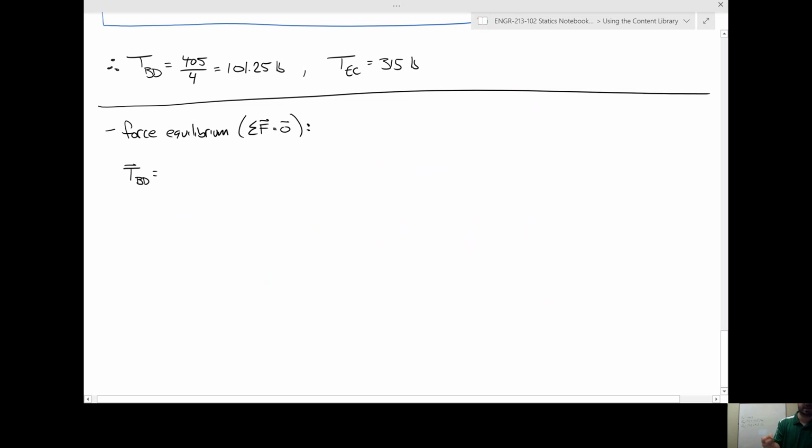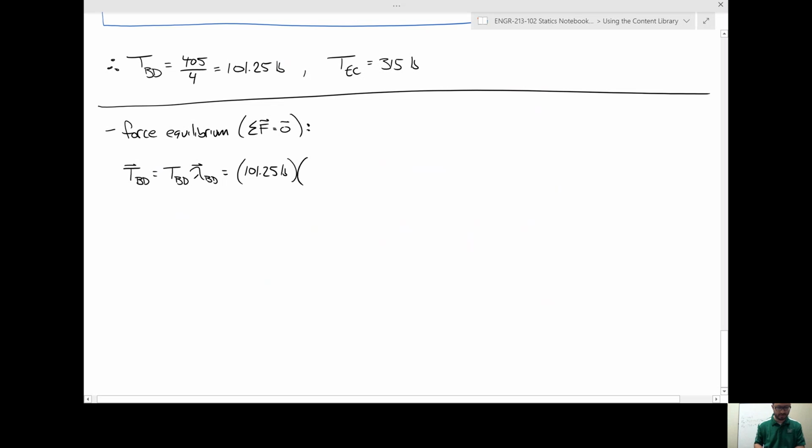Now let's take cable BD first. Remember, we write that as the magnitude of that cable times the unit vector in the direction. Well, now I have that figured out because I know that the magnitude is 101.25. And I know the vector because I have that here.